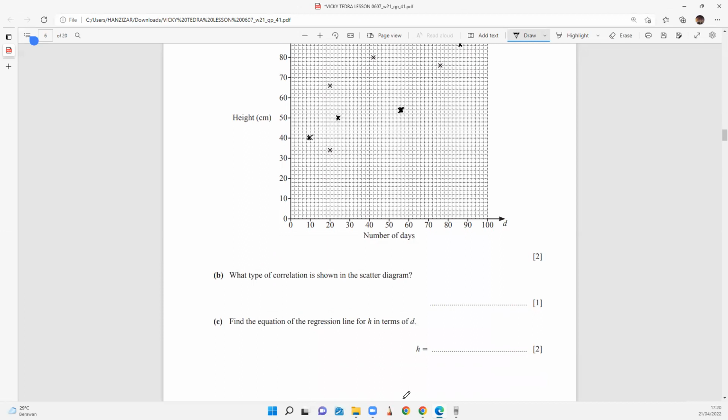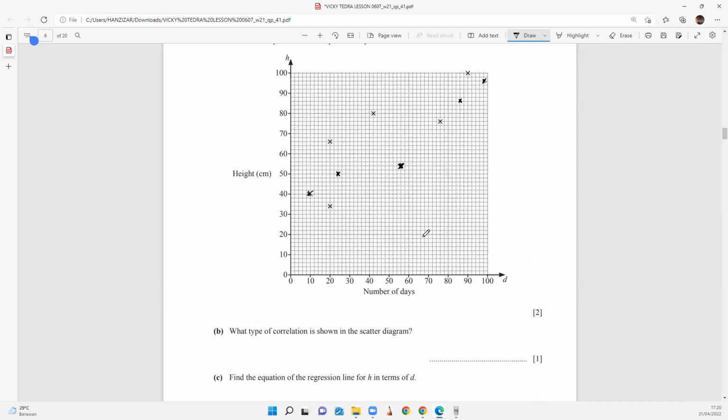So part B, what type of correlation shows in the scatter diagram? Is it positive or negative? As you can see, it goes upright, right? It is positive, right? Because it's going up. So this is positive, the trend, and this will be negative. Okay.